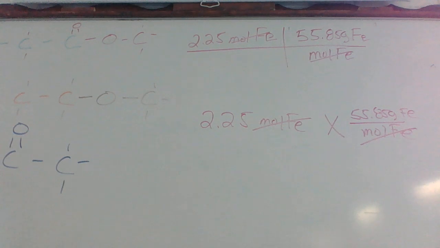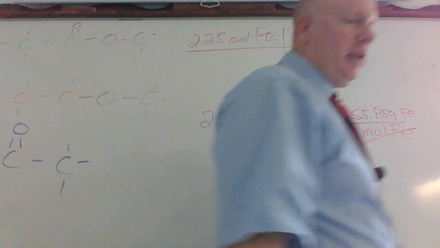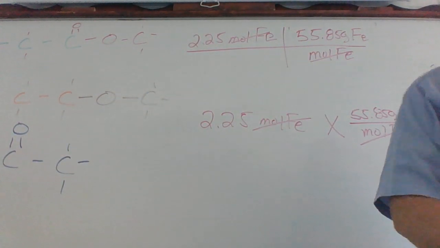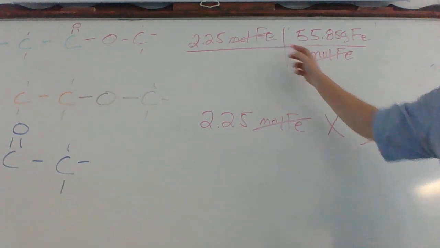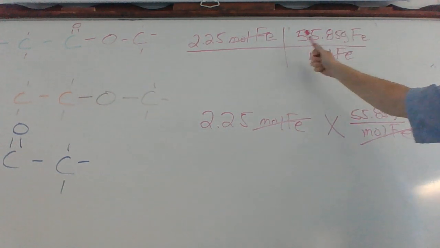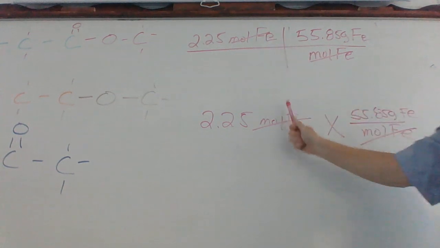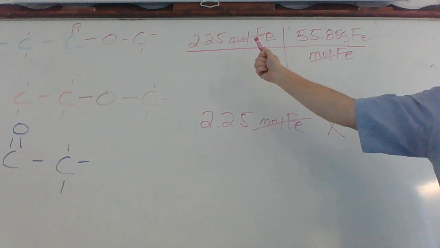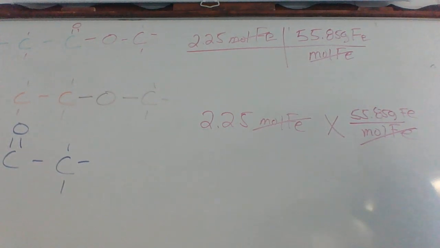Grams of iron. And remember what the question was asking: what is the mass in grams of 2 1/4 moles? These have canceled. We're just left with grams, and since these are next to each other, what would you do with those 2 numbers? You multiply them and you're done.